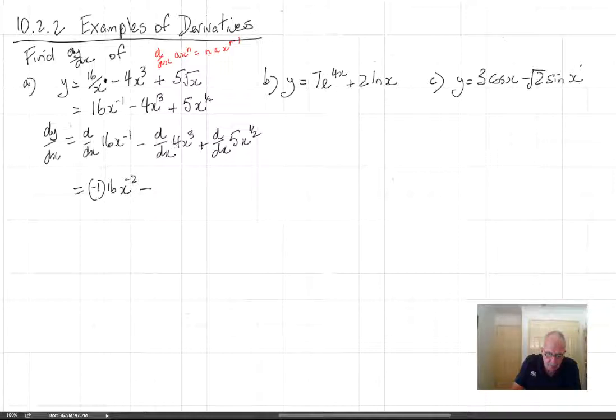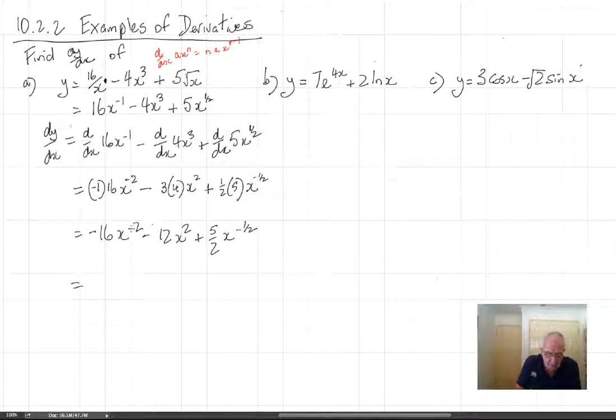Minus 3 comes down, 3 times 4x, take 1 off, power of 2, plus a half times 5, so it's a half 5x, and a half minus 1 is negative a half. That equals negative 16x to the minus 2, minus 12x squared, plus, now 5 times a half is 5 over 2, x to the minus a half.